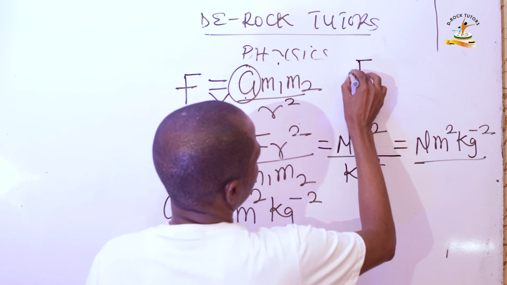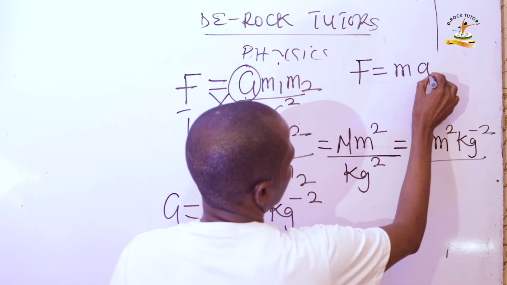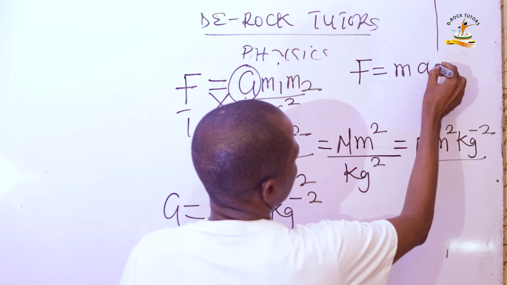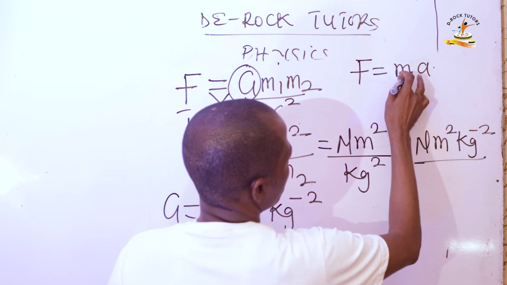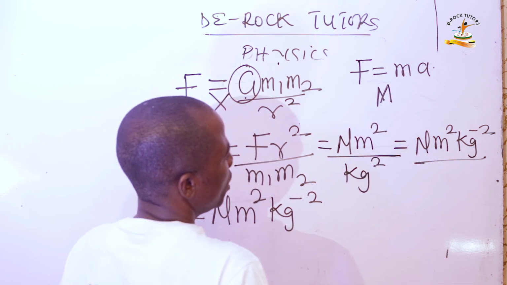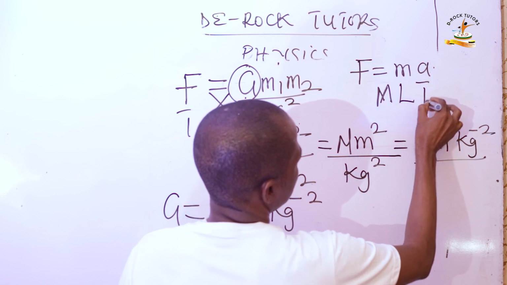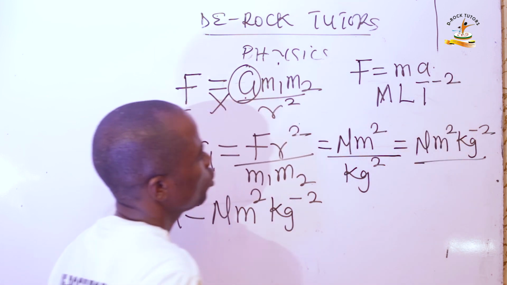Don't forget that force is equal to mass times acceleration, and acceleration is velocity all over time. Mass is kilogram, that's M. Then the dimension of acceleration is LT raised to the power minus 2.